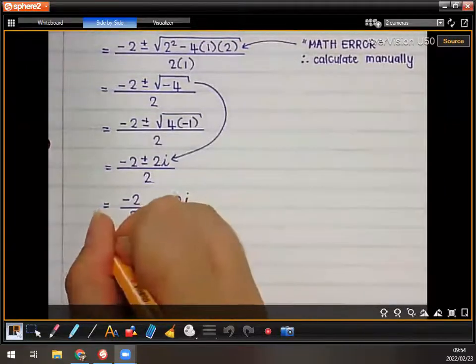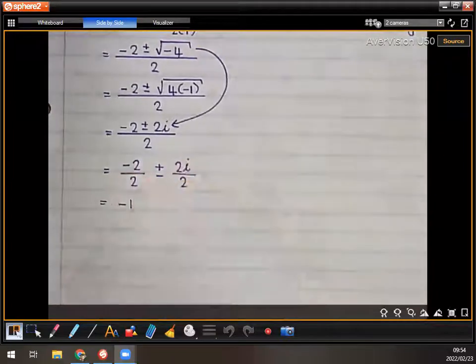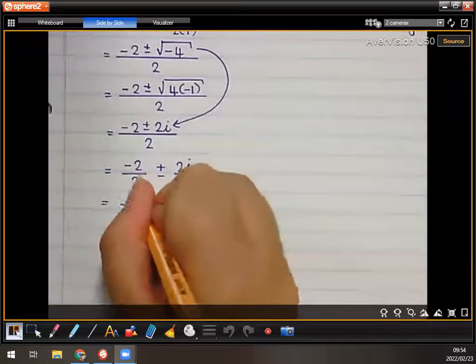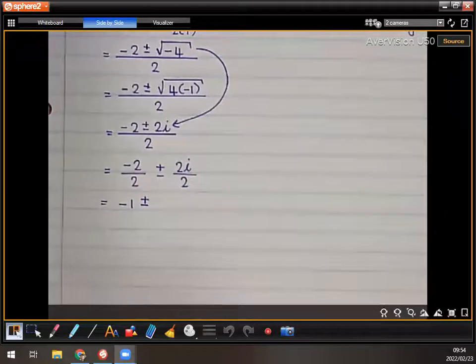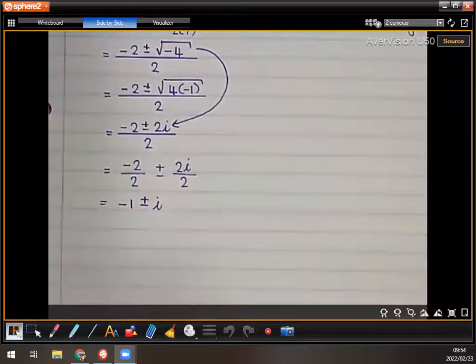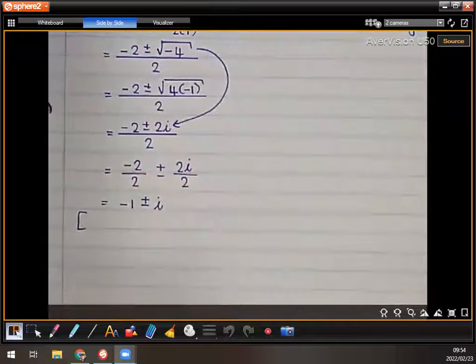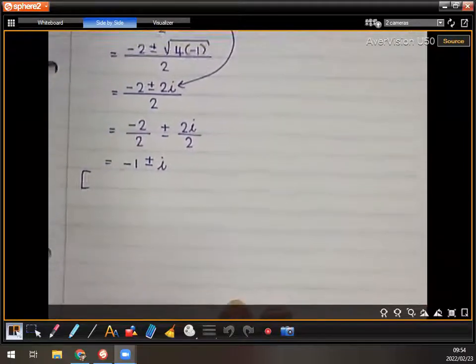So what do I end up with, guys? What's -2 divided by 2? -1 plus or minus. What is 2i divided by 2? i. Now you can leave your answer like that, but let's just add the fact that this is actually giving us 2 answers.